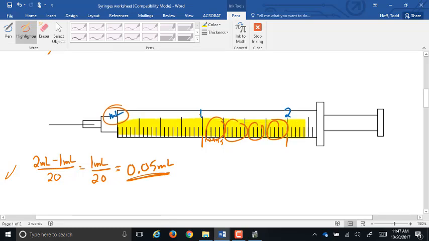So let's say it goes to that one. That is 2.05, 10, 15, 20.